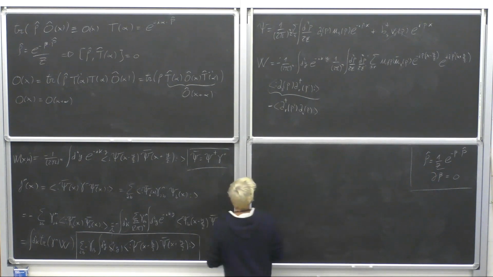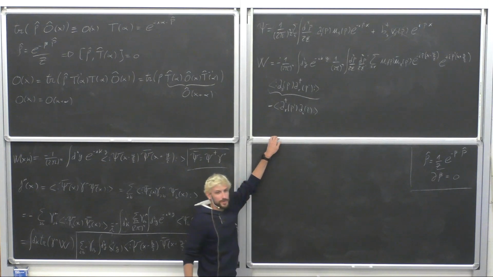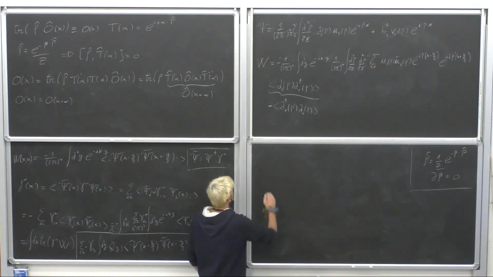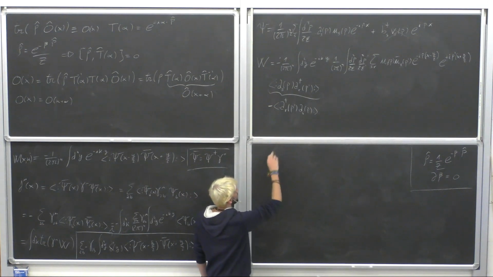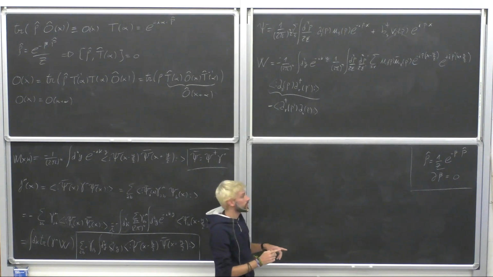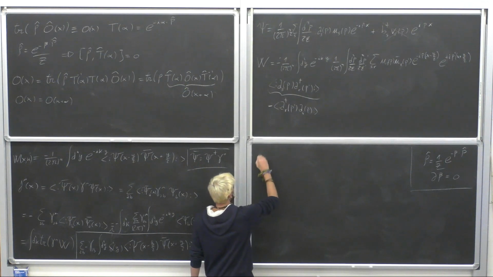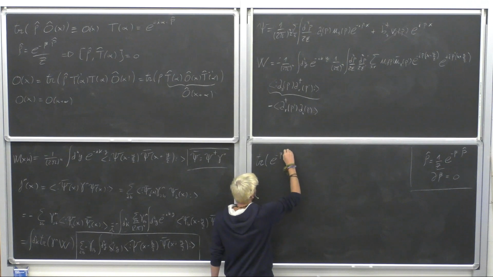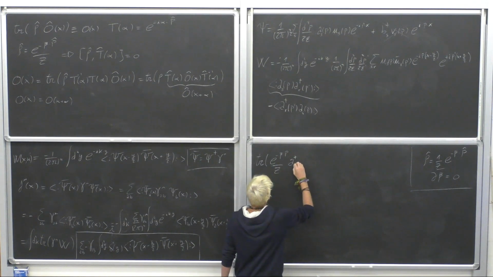Okay. At this point, this is the moment where we have to compute the trace with the density operator. We have to compute the expectation value, basically, of the number operator with these two different momenta. So we have to compute the trace of e to the minus b dot p over Z, a dagger r.